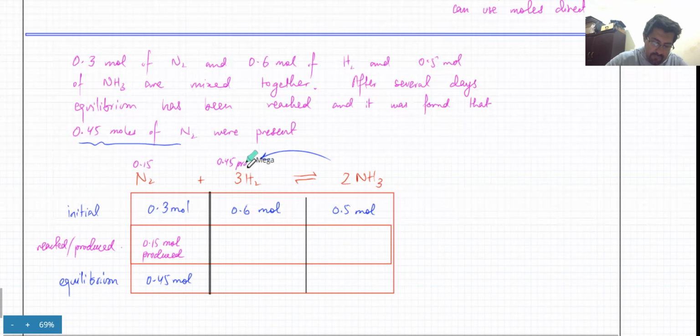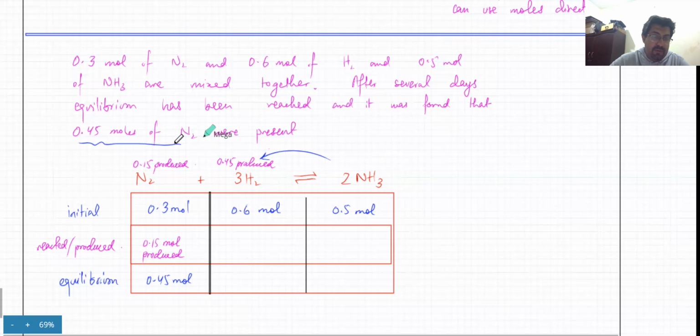Okay, I'm going to repeat what's happening. Initially you had 0.3 moles, and at equilibrium you have 0.45 moles. So that means 0.15 extra must have been produced.